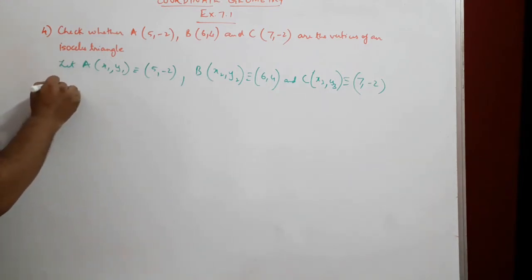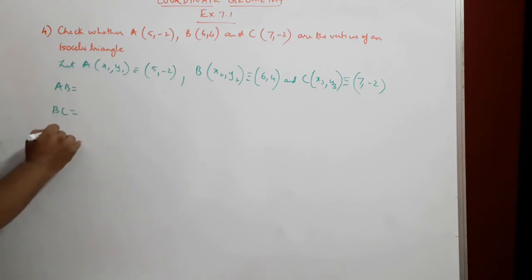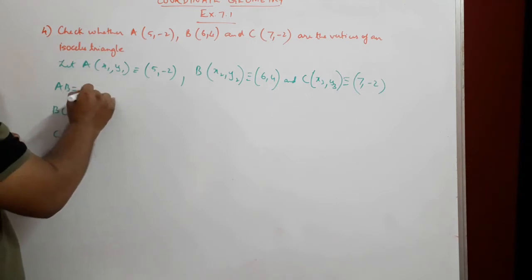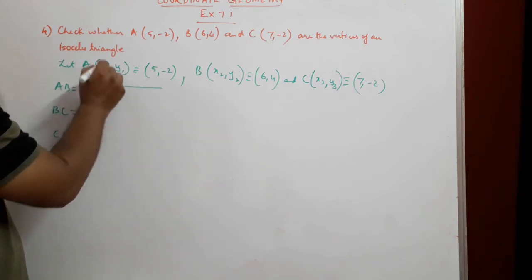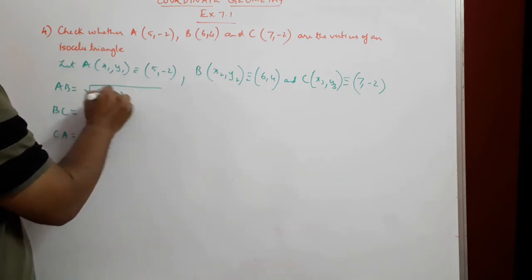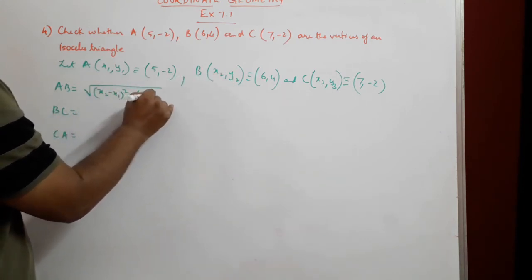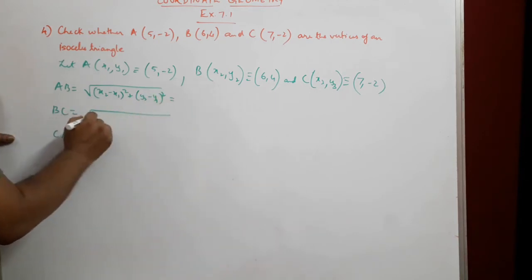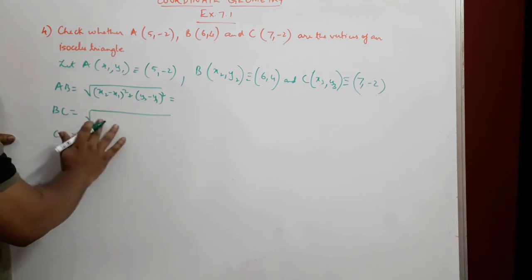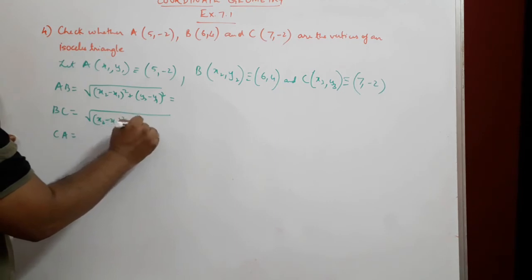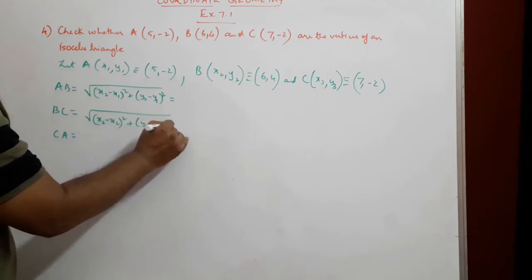Okay. So now we put down what is x1, x2, x3, y1, y2 and y3. So we'll put over here AB. Let's find out AB, then we'll find out what is BC, and finally we'll find out what is CA. Beginning with AB, we'll use the distance formula. So this is x1, y1, and this is x2, y2. So x2 minus x1 whole square plus y2 minus y1 whole square, and BC would be x3 minus x2 whole square plus y3 minus y2 whole square.